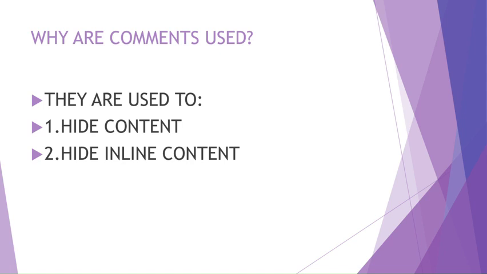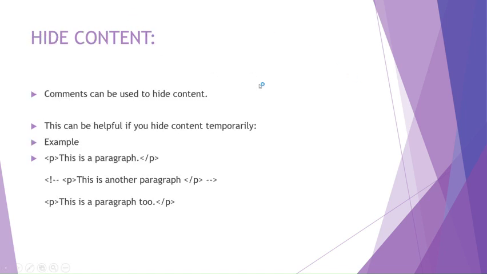So how do we hide content using comments? Comments can be used to hide content. This can be helpful if you want to hide content temporarily, so that we don't have to remove it. For example: p, this is a paragraph; this is another paragraph; this is paragraph 2.